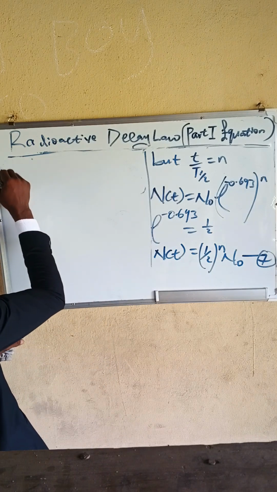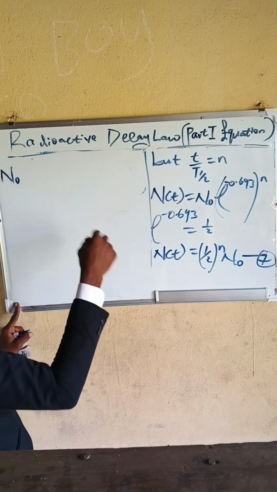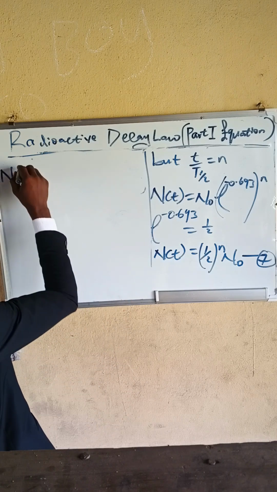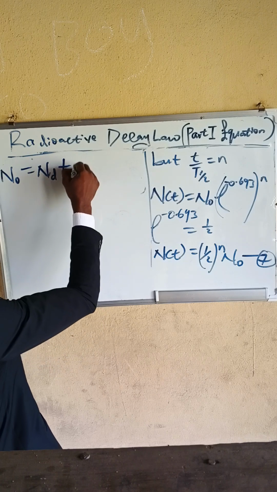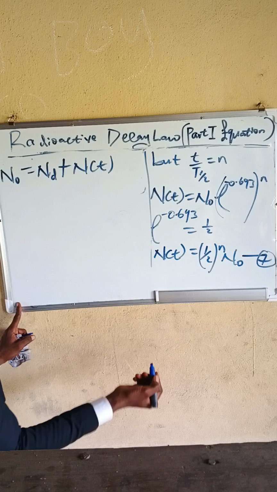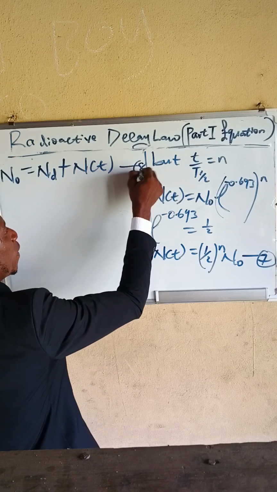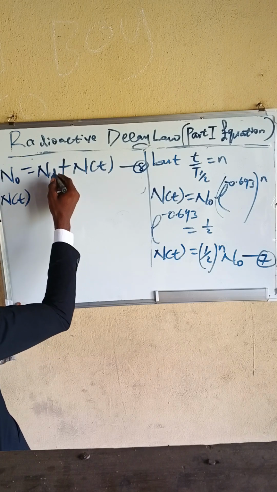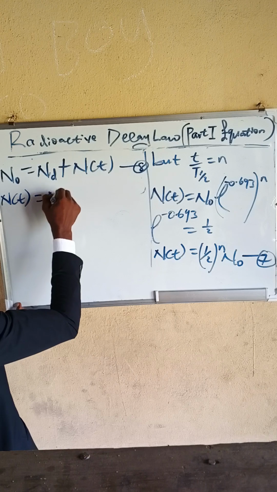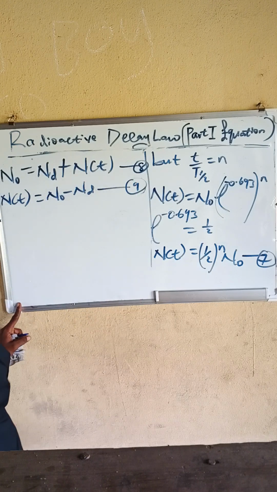That means the original number of radioactive nuclei is equal to the number of nuclei decayed plus the number of nuclei remaining. I can call this equation 8. The number of nuclei remaining, you carry this one to this place, you are going to have n naught minus n of d. I call this equation 9.